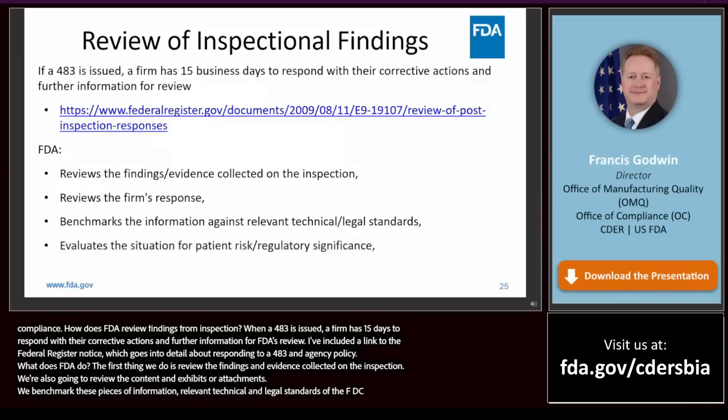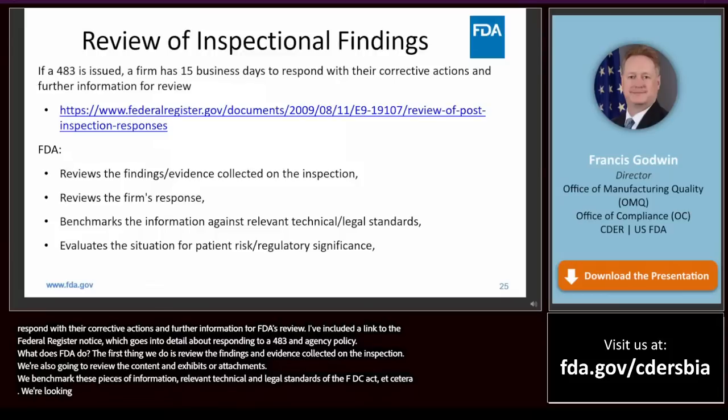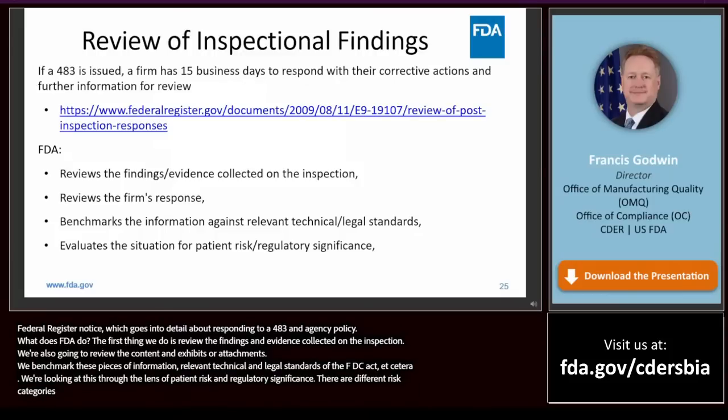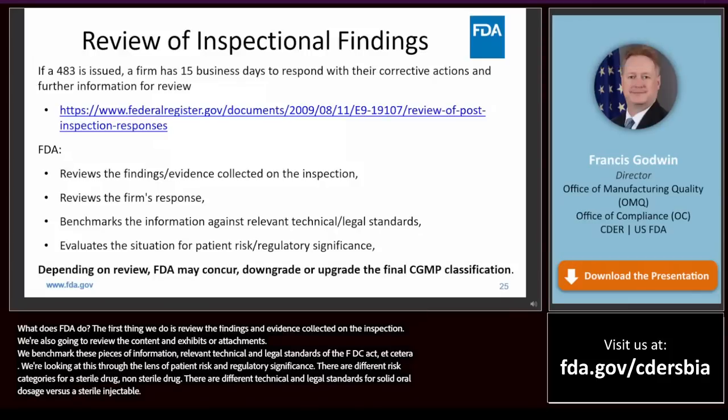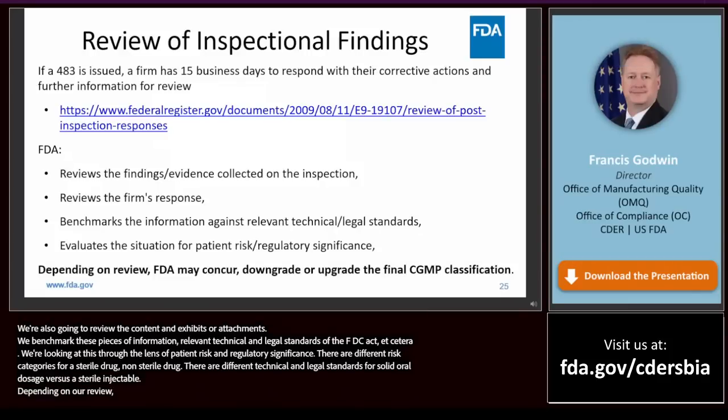And we're looking at all of this through the lens of patient risk and regulatory significance. There are different risk categories for a sterile drug, a non-sterile drug. There are different technical and legal standards for a solid oral dosage versus a sterile injectable, and we factor that into our evaluation. And depending on our review, we may concur or downgrade or upgrade the final CGMP classification.